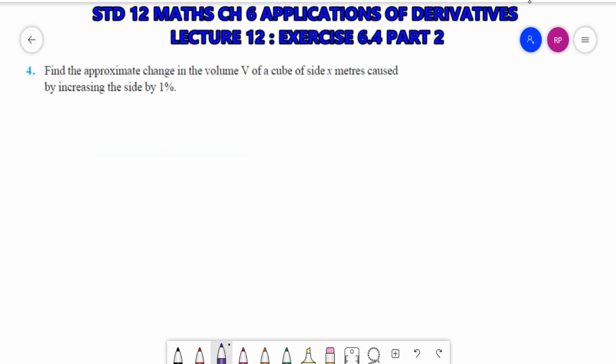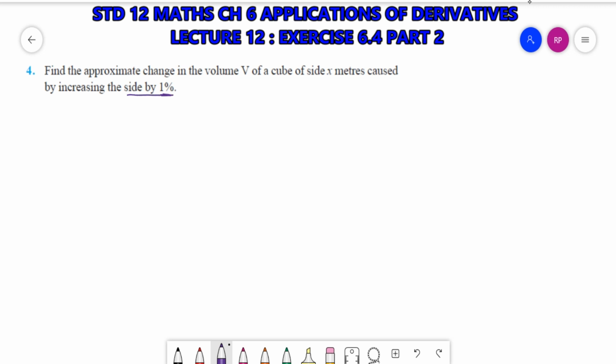Question number 4, find the approximate change in volume V of a cube of side x meter caused by increasing the side by 1%. Okay, now see the side is increasing by 1%.